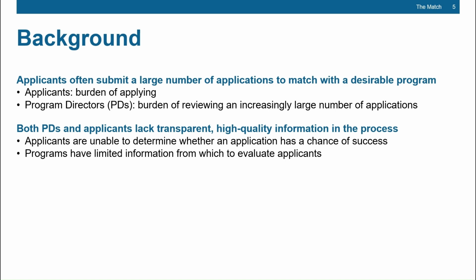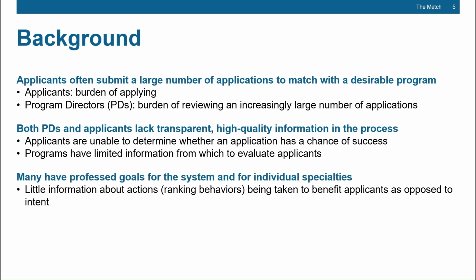Given the limited information about characteristics of applicants who programs are ranking, applicants are unable to determine whether their application has a reasonable chance of success with a specific program. With so many applications, program directors have limited information from which to evaluate applicants. As a result, there is strong agreement about the need for increased transparency in the UME to GME transition.